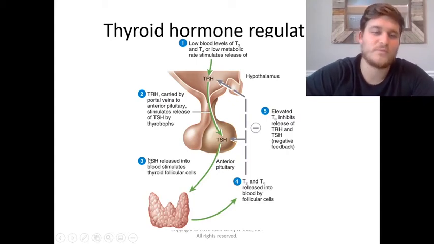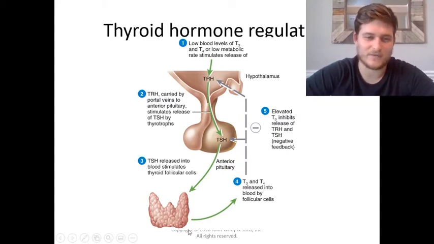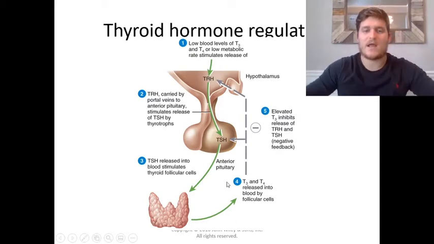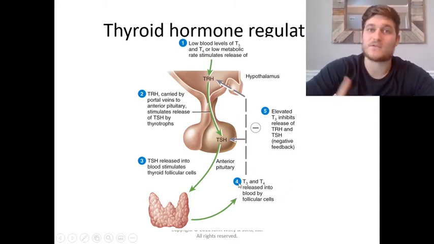Thyroid stimulating hormone will make its way down to the follicular cells of the thyroid, which then is going to stimulate the release of T3 and T4, and then again, those levels are regulated.